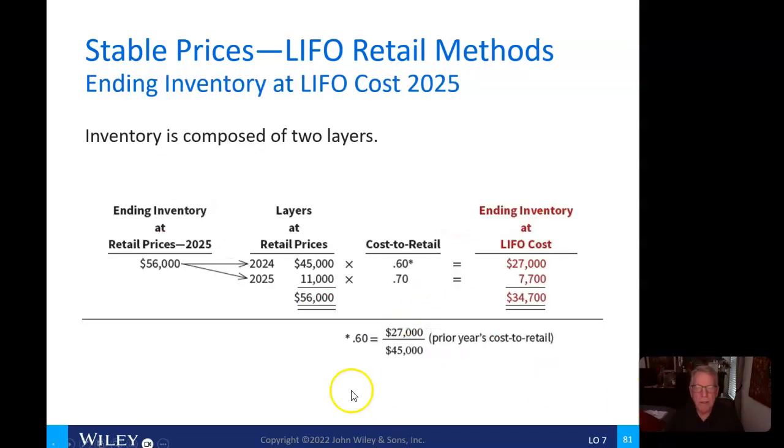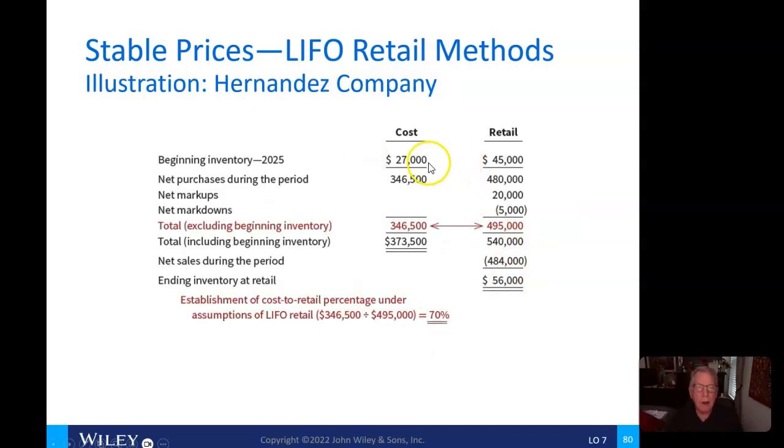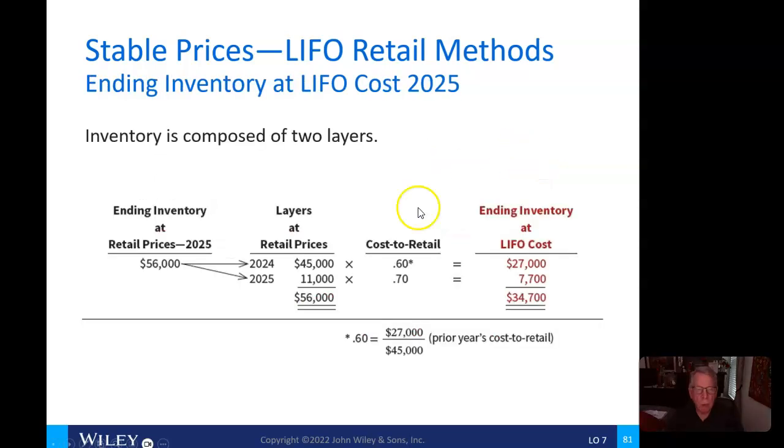All right, now once we've got that 70%, the inventory is composed of two layers. We have the 45,000. That's the cost to retail here, 60%. And that 60% is calculated by taking the 27,000 here and the 45,000. And so that gives us 60% in beginning inventory, if you will.